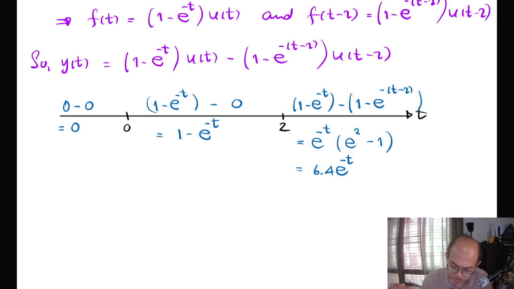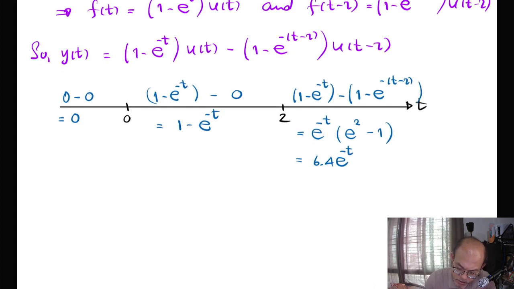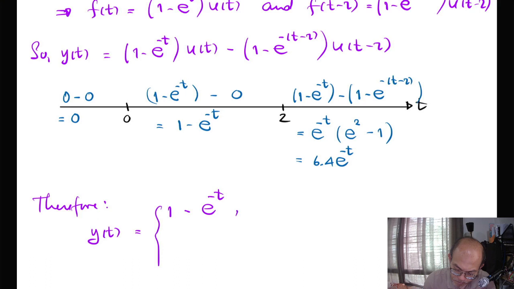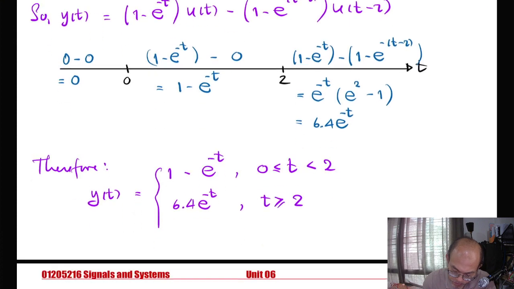So in conclusion, the zero state response of the system will be 1 minus e to the minus t when time is greater than 0 but not greater than 2, and about 6.4 e to the minus t when time is greater than 2, and 0 otherwise.